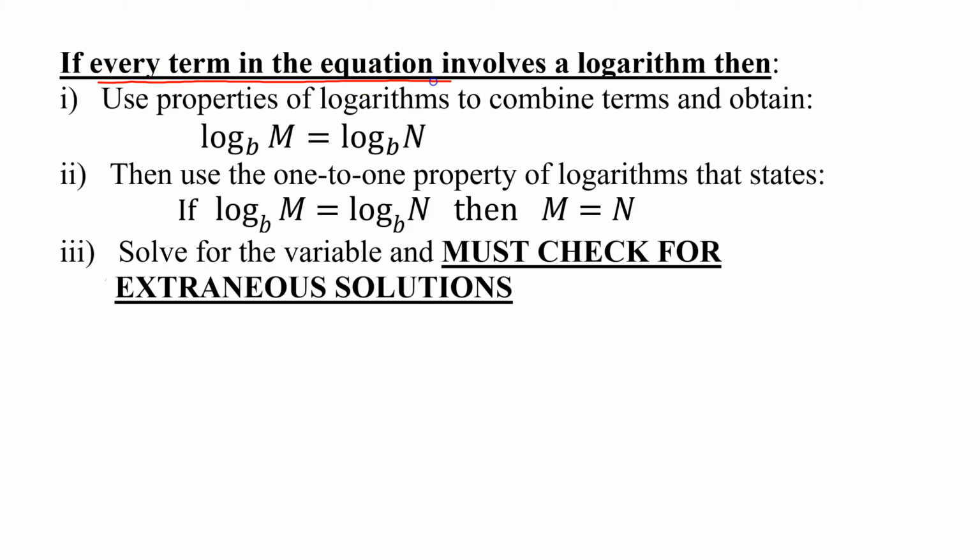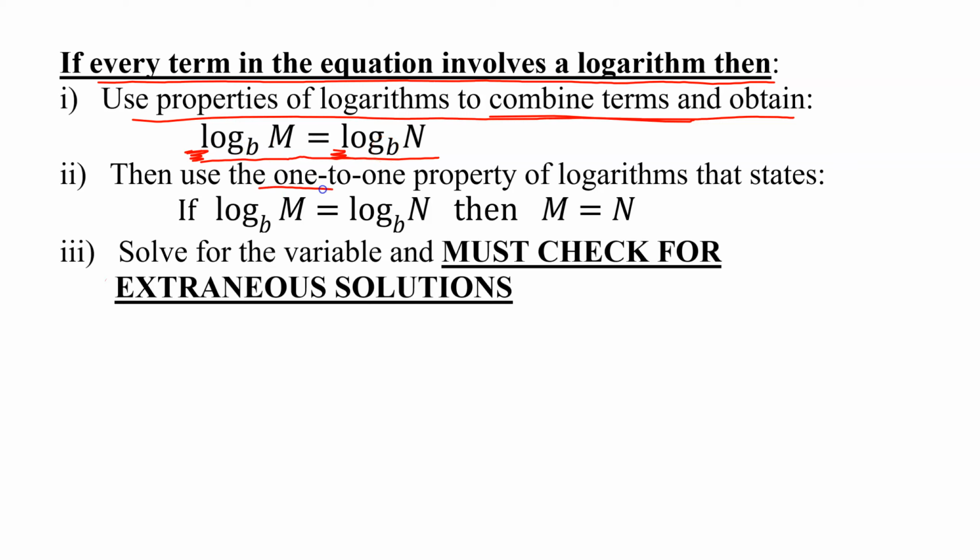If every term in the equation involves a log, then we need to use the properties of logarithms to combine our terms and get log to the base b of m equals log to the base b of n. Notice that the coefficients in front of each of the logs are 1 and the bases are the same.